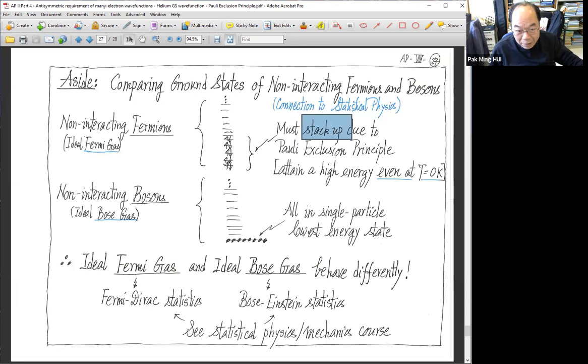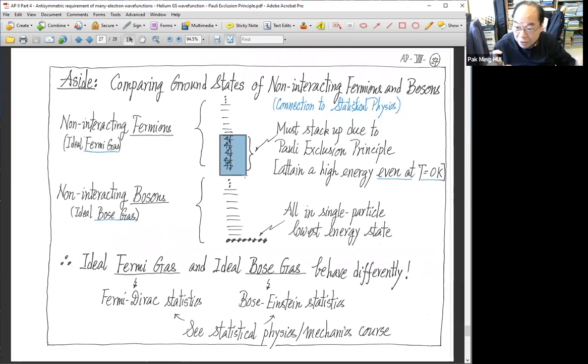Once an up-down goes into here, the third one cannot go into there. So if you have a large number of fermions, even if they are non-interacting, there's no Coulomb thing, they just happen to be spin half, Pauli exclusion principle comes in because of the antisymmetric wave function, and they must stack up in energy.